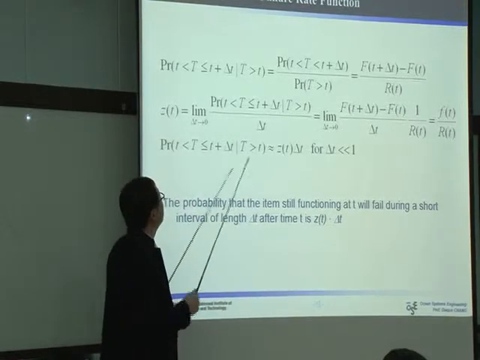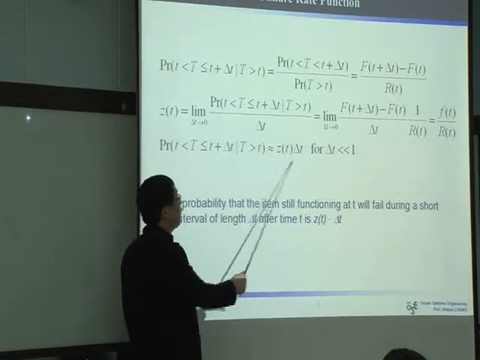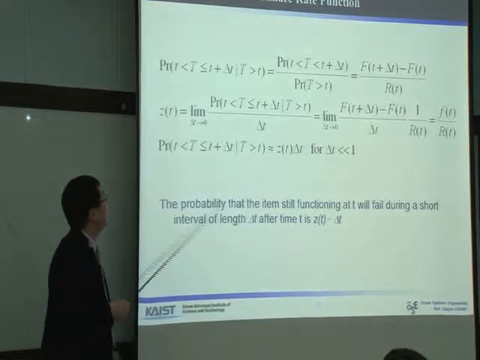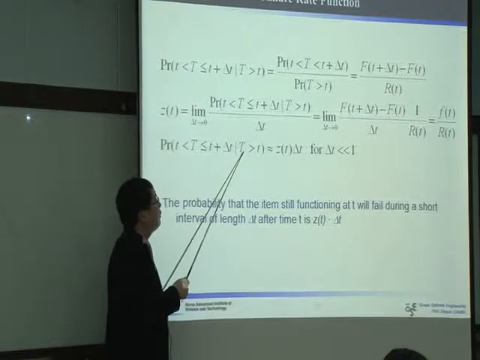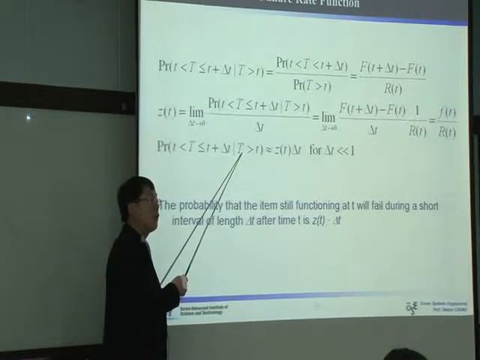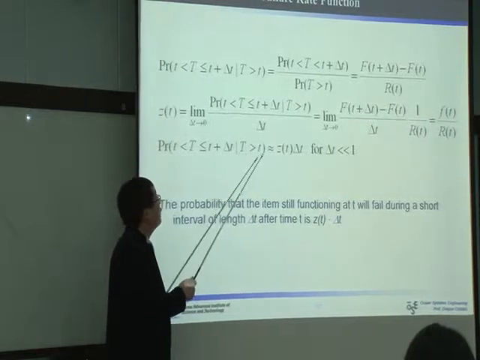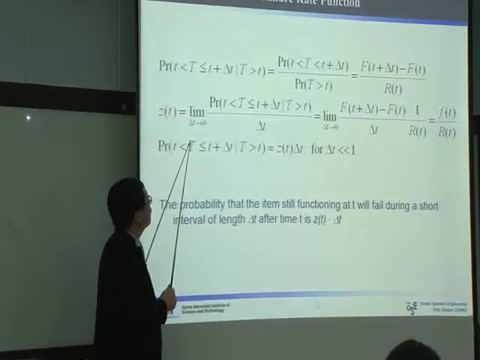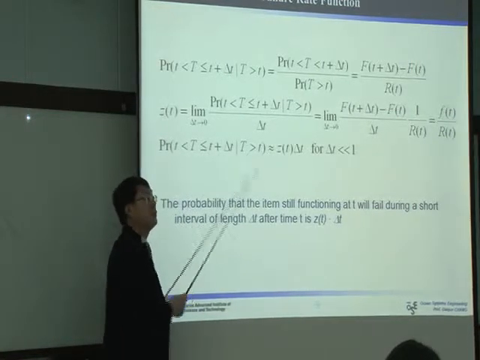If you rearrange the equation, you can find this approximation. So the meaning of this equation is the conditional probability that the lifetime is greater than t, and the probability that the lifetime is greater than t plus delta t is g(t) dt.